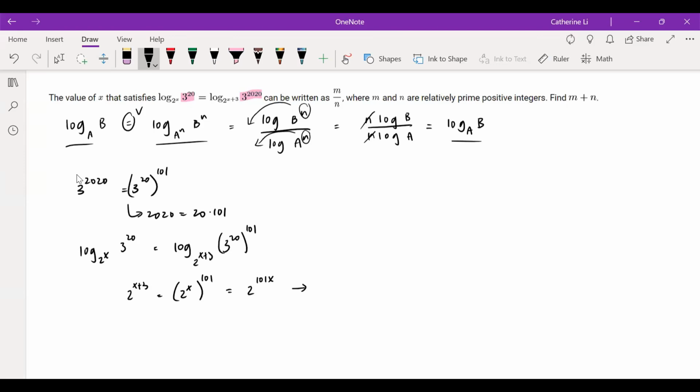So solving x plus 3 equals 101x gives us x equals 3 over 100. And so our answer is 3 plus 100, so 103.